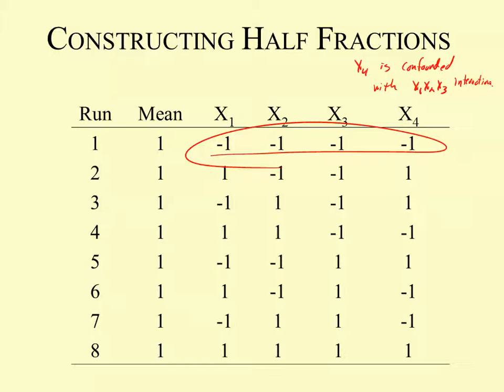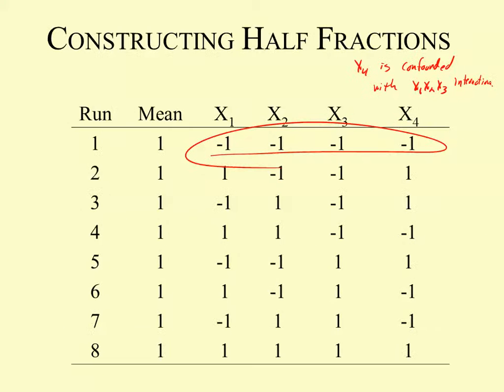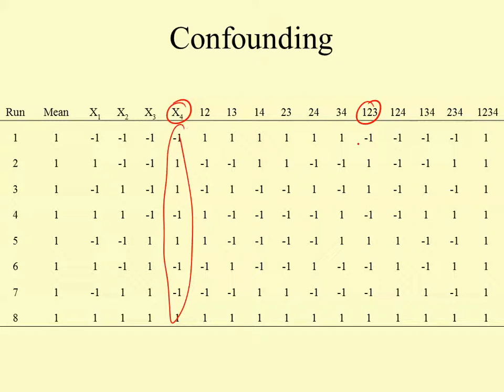So x4 is confounded with something, x3 is confounded with one thing, and same with x2 and x1. The two-way interactions, each of those is confounded with another thing. This will be the last thing we talk about: if we expand that out in the full computation table, we already determined x4 and those two things are confounded, right? You see how that column is the same as that?